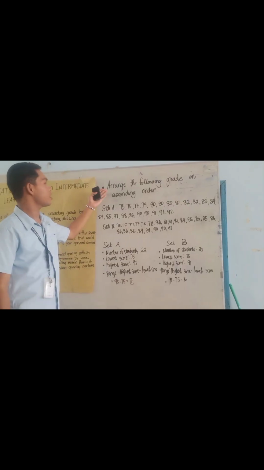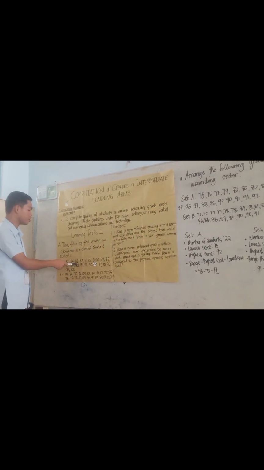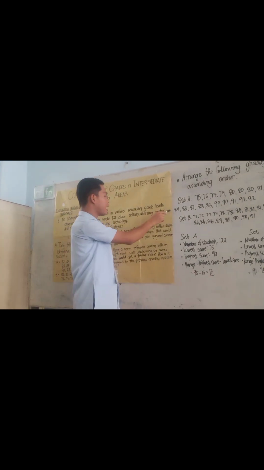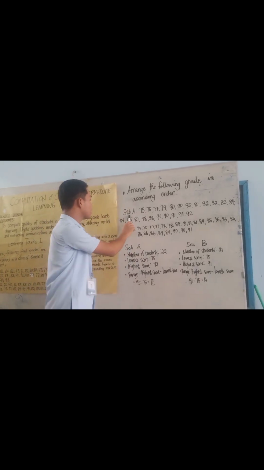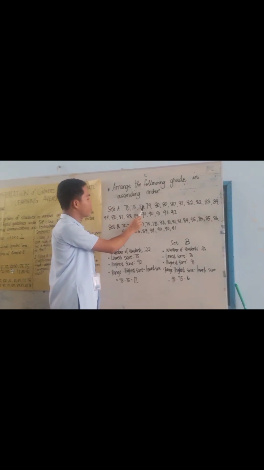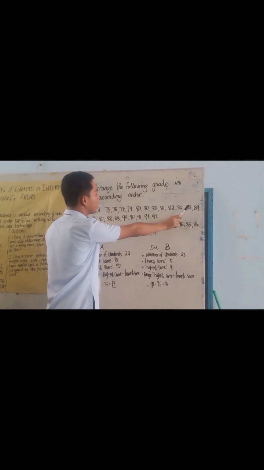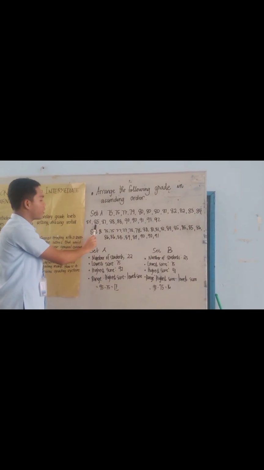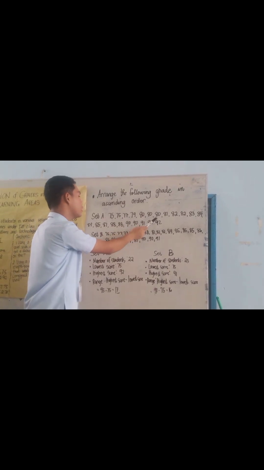In the instruction here, arrange the following grades in ascending order. So let us arrange set A and set B from the lowest to the highest. Set A: 75, 75, 77, 79, 80, 80, 80, 81, 82, 82, 83, 84, 84, 85, 87, 88, 88, 90, 90, 91, 91, 92.